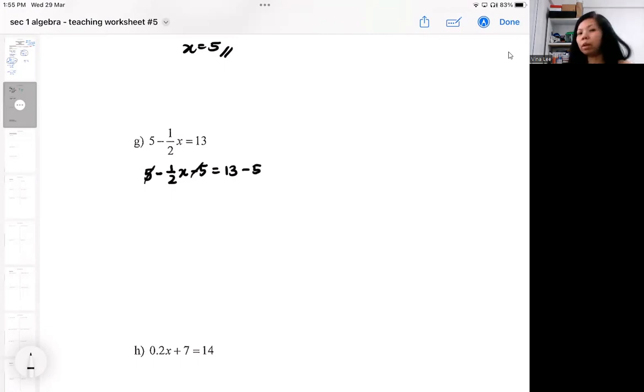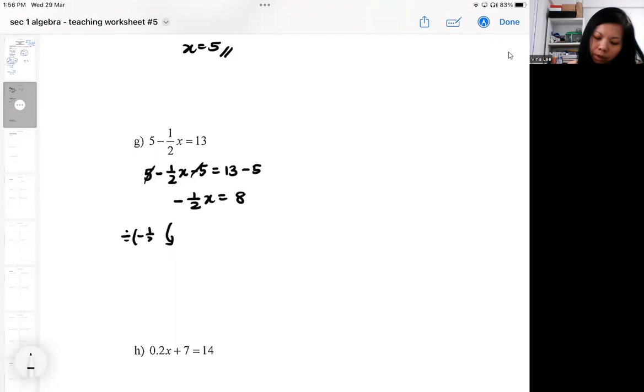Then my aim is to get 1x, but here I got a minus half x.